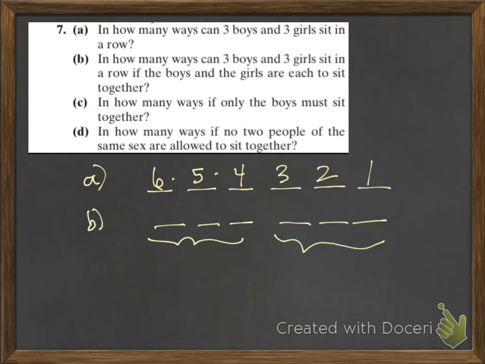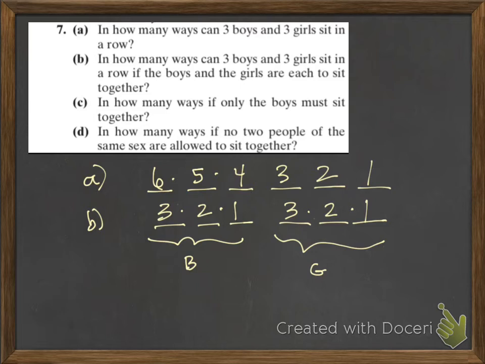We can't split them up any other way, or it'll split up the other gender. So let's say boys are first, which means girls are second. We have 3 ways to put the first boy, 2 for the next, 1 for the last. And then for the girls, we have 3 in the first position, 2 in the second, and 1 in the third.